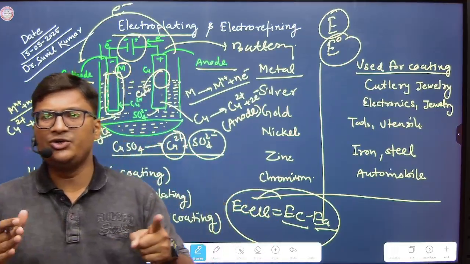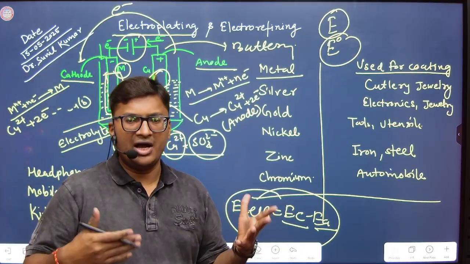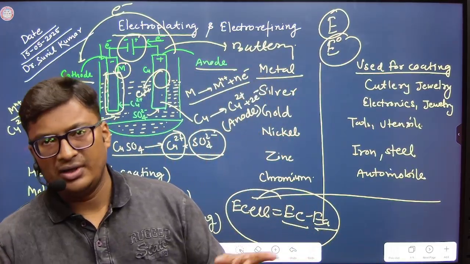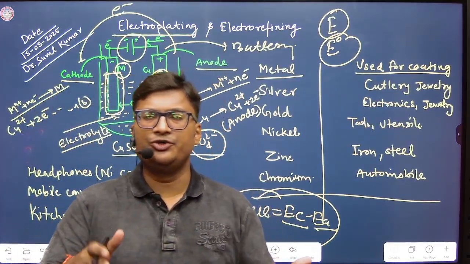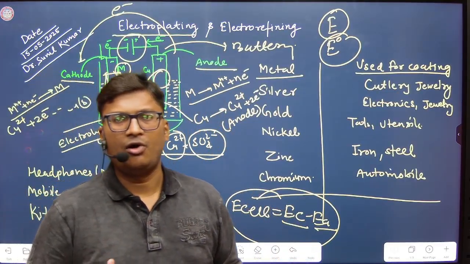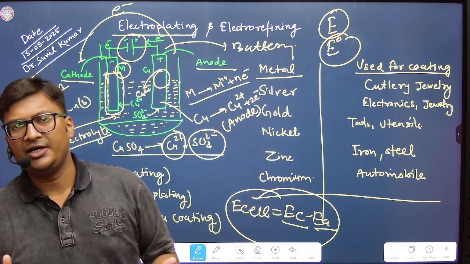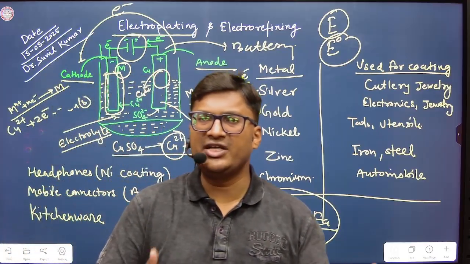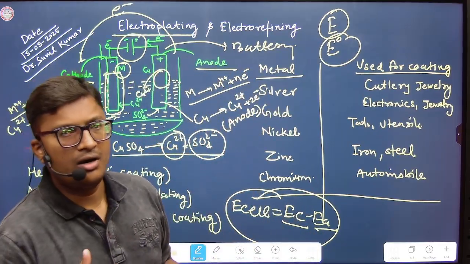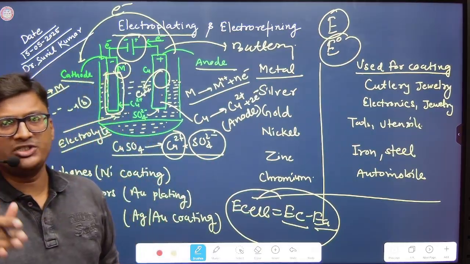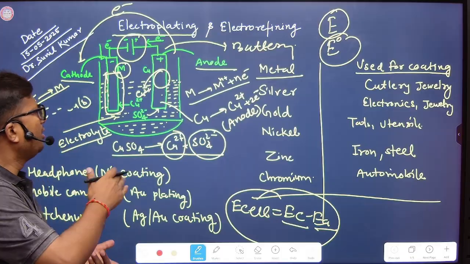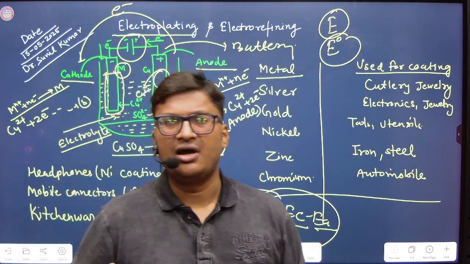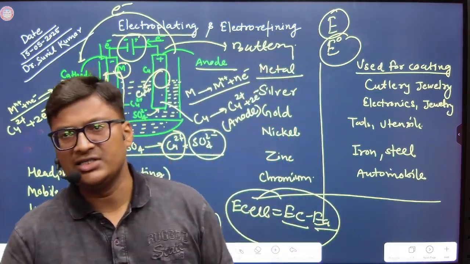So if you want to prevent it from rust, we try to electroplate this iron so that it becomes inert towards air moisture. It means we are trying to deposit or coat the iron surface with highly corrosion resistant metals.